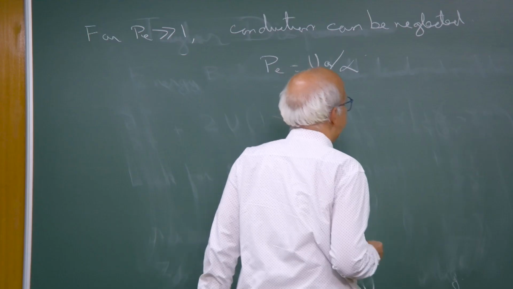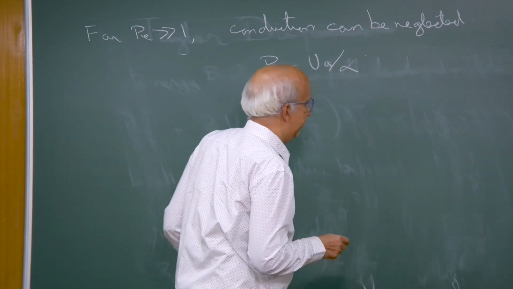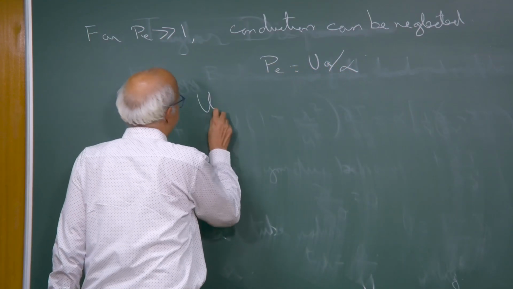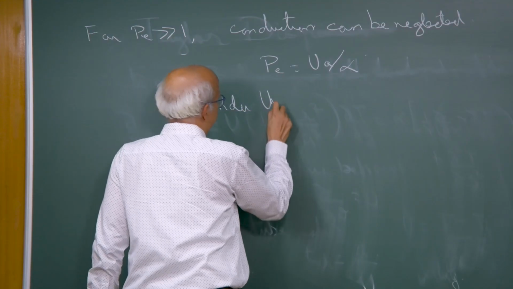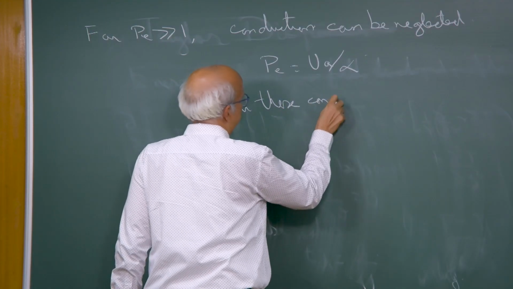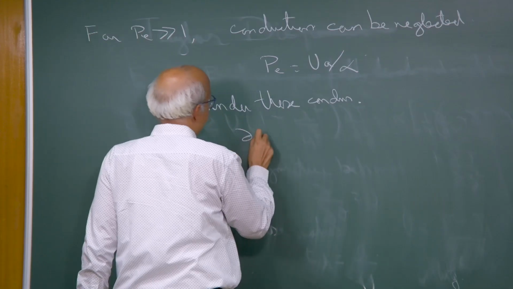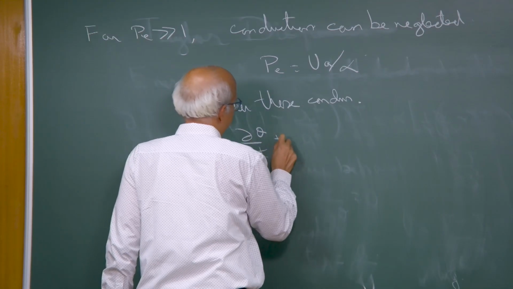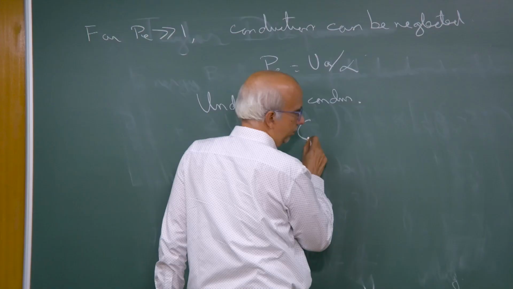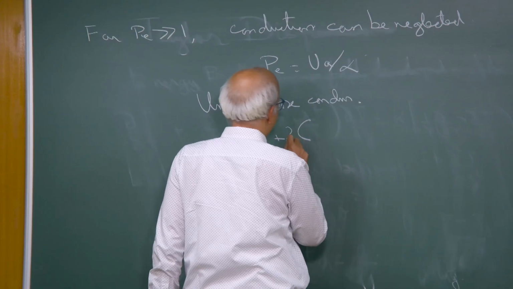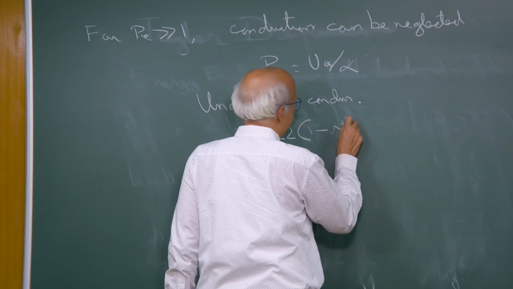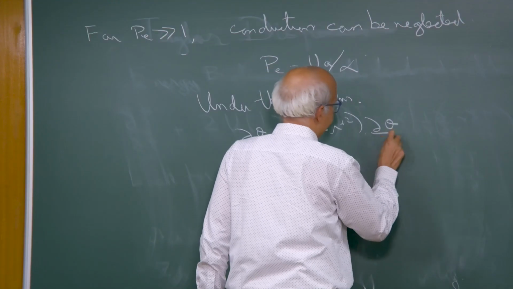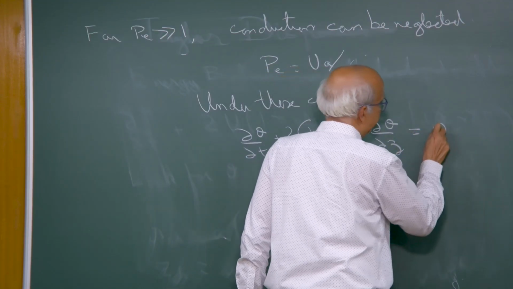Okay. So, under these conditions, I will say d theta by dt plus 2 times 1 minus r star squared d theta by dz equals 0.